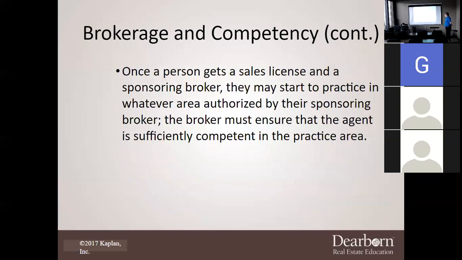Now, once a person gets a sales license and a sponsoring broker, they may start to practice in whatever area authorized by their sponsoring broker. The broker must ensure, though, that the agent is sufficiently competent in that practice area. So I could, if I wanted to, and there are plenty of brokers that do this, say, Mr. Eugene, you get your real estate license.